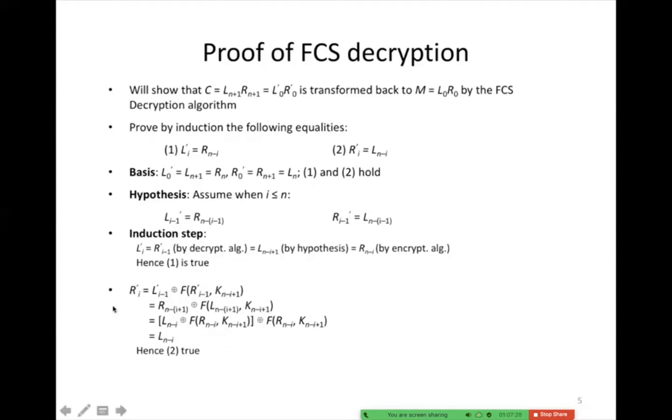Then we know that from the encryption, there is a minus I, remember, it should be minus 1. So that becomes n minus I without the parentheses here. Let me make it clear. I'll make a correction here. There are no parentheses, so just n minus I plus 1.